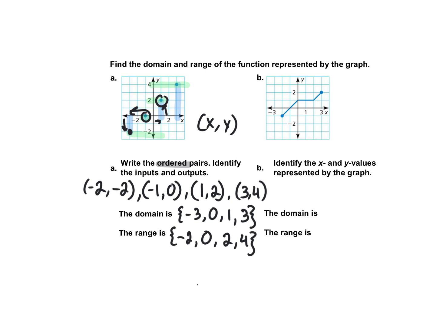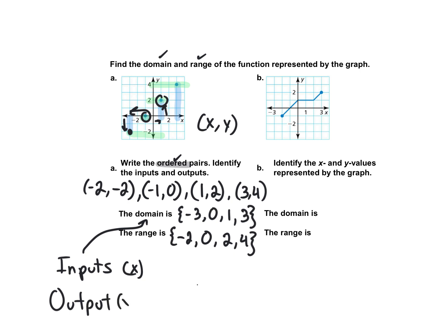So we found the domain and range for the first one. We wrote the order pairs, and they want us to identify the inputs and outputs. The inputs are always the x's. So we can say the inputs is a domain, and the output is the y, is the range.